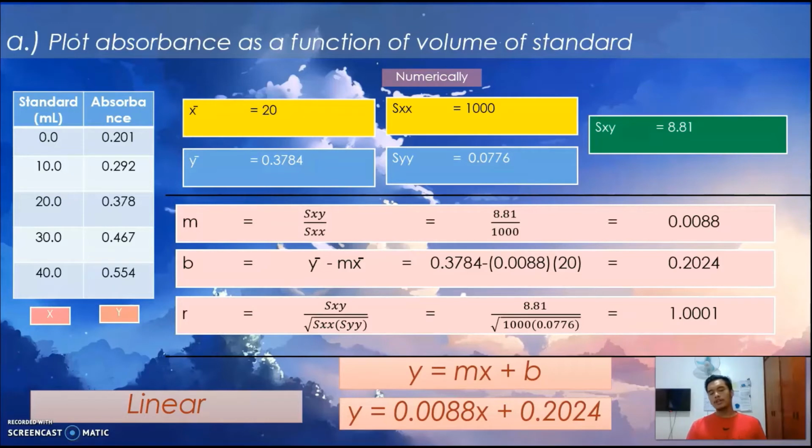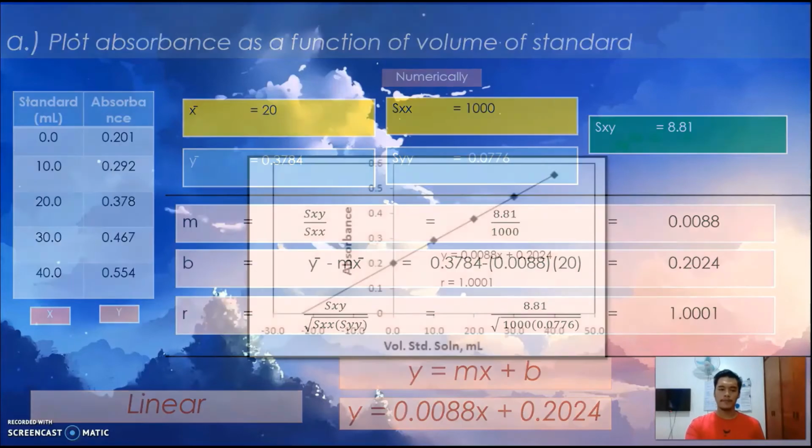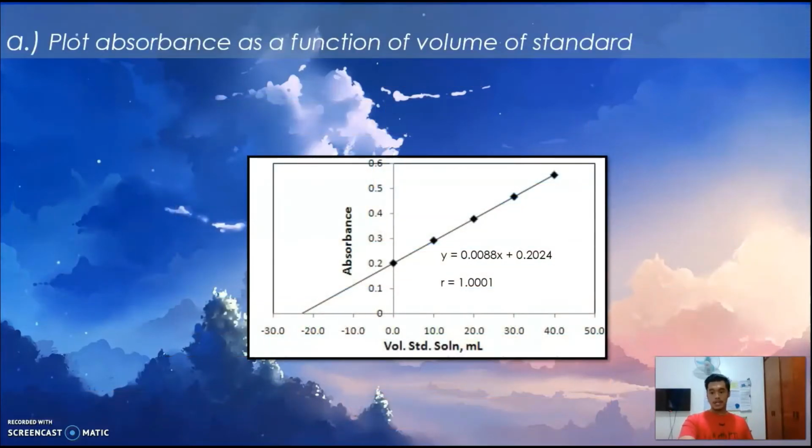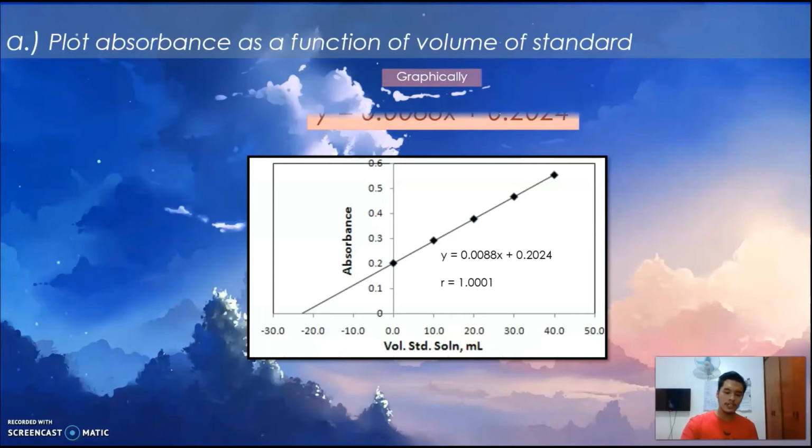Putting all the variables into the line equation y equals mx plus b, we calculated that the line expression for this table data is y equals the slope x plus y-intercept, or y equals 0.0088x plus 0.2024, and we have proven that this data is linear. Using Excel, of course, graphically, this is how it looks like.